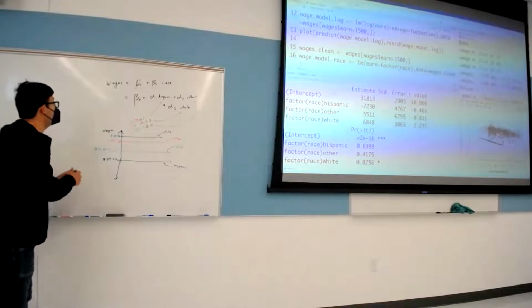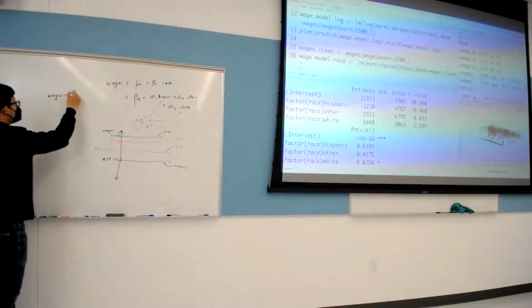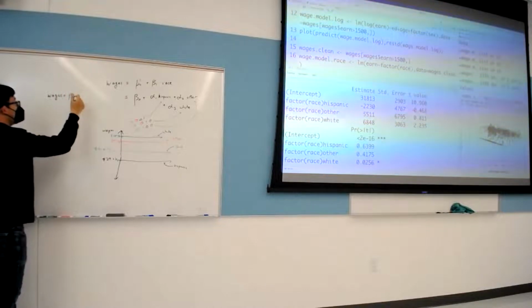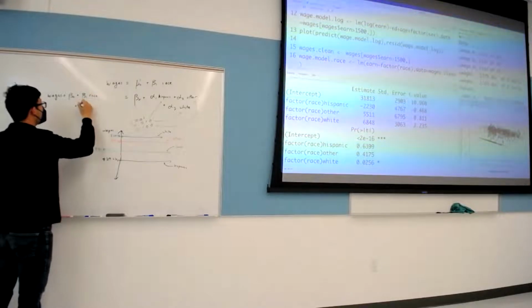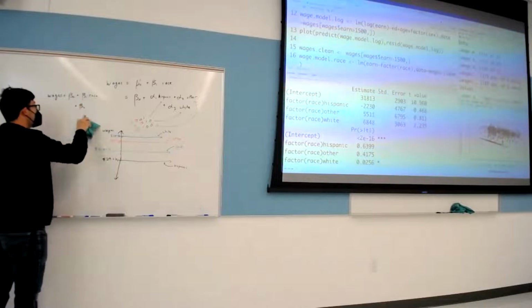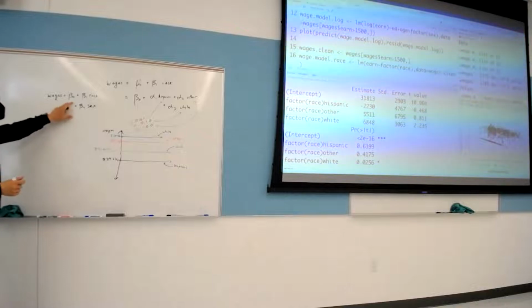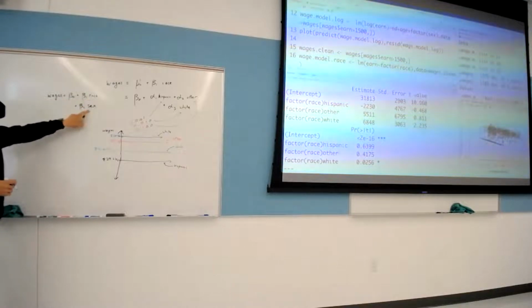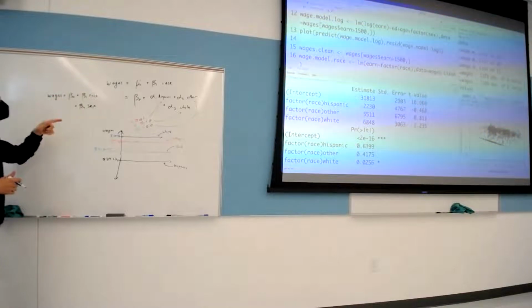So let's say we have wages is equal to beta 0 plus beta 1 race plus beta 2 sex. In both of my categorical variables, you would omit one of the levels.